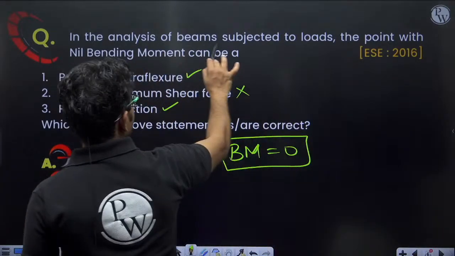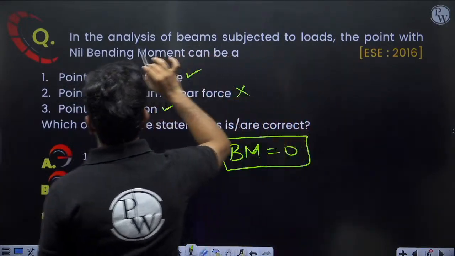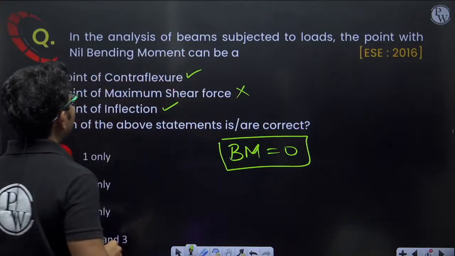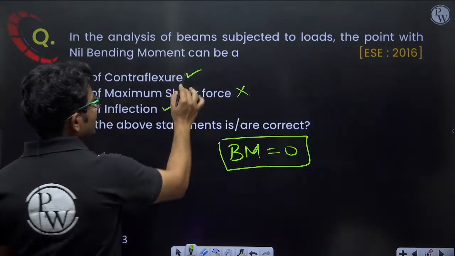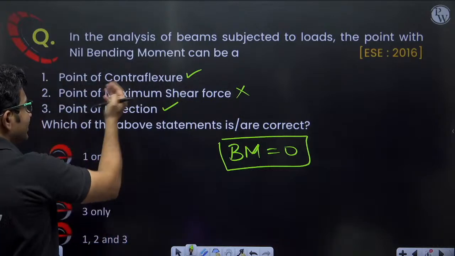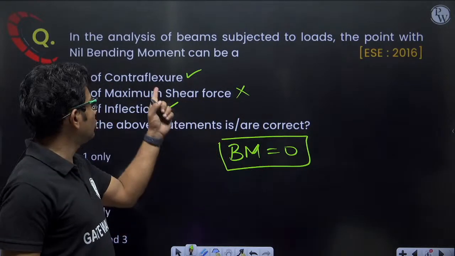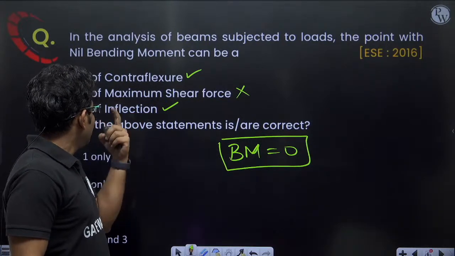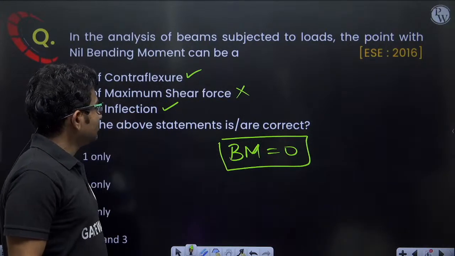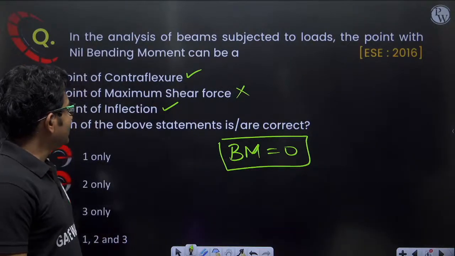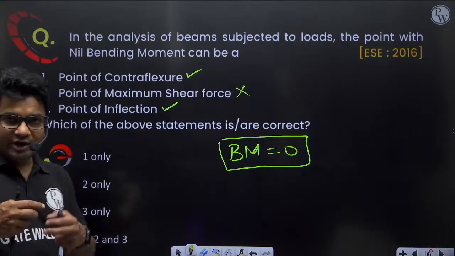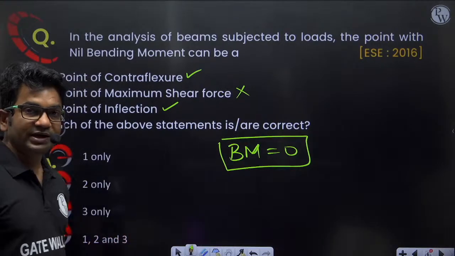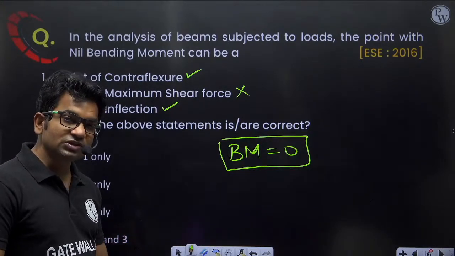In the analysis of beams subjected to loads, the point with nil bending moment, that means zero bending moment, can be a. The point of zero bending moment is called a point of contraflexure. It is also called a point of inflection, but we don't call it a point of maximum shear force. So can it happen that at the point where bending moment is zero, shear force is maximum?